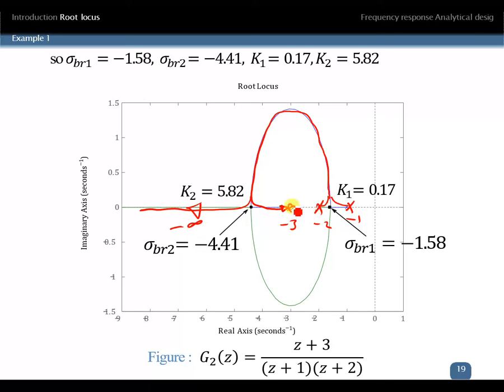And this point, the breakaway and the break-in, is calculable by the k that we saw together. One of them becomes minus 1.8, another one becomes minus 4.42, because you find the two roots of sigma when you find the k.